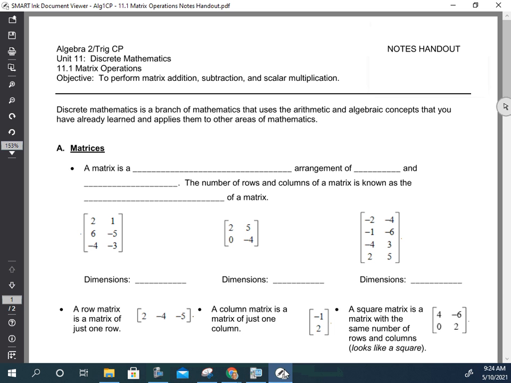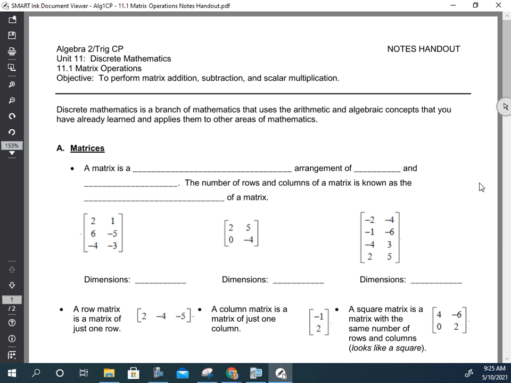So the last unit focuses on what's called discrete mathematics. Discrete mathematics takes the concepts of arithmetic and algebra that you've already learned and puts them into a different context. It applies them to other areas of math.